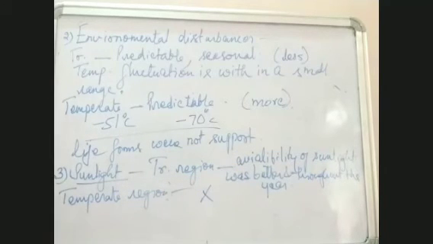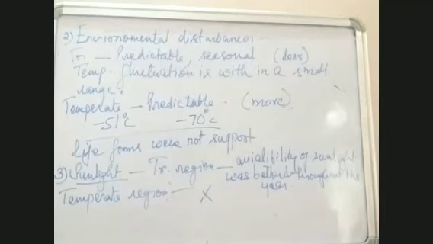The sunlight was not available, and for a long period of time the sunlight is not available in this region. So this did not support life forms, and species richness is not seen in the temperate region. So there are three reasons which did not support life forms in the temperate region.